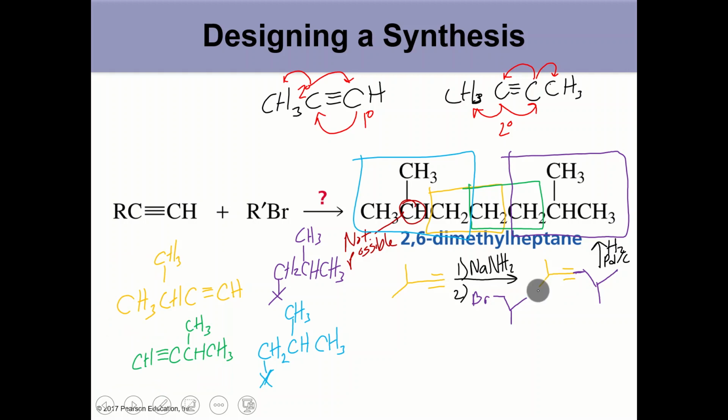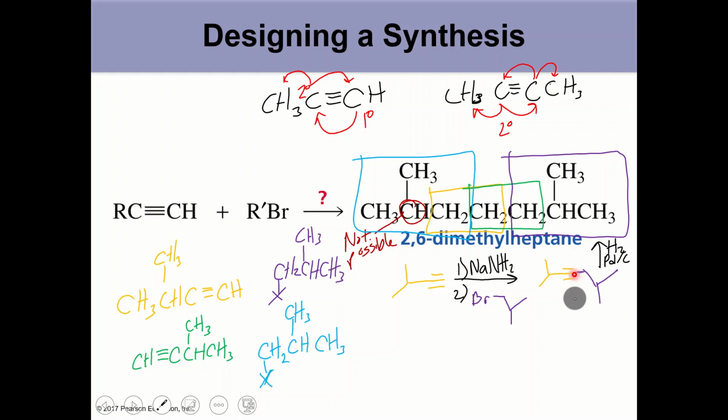We have a CH3 group here, and what our final product would give us would be a CH3 and a CH3 bonded to a CH. CH3, CH3, CH. Then this, when treated with H2, Pd/C, will become a CH2 group, CH2 group.